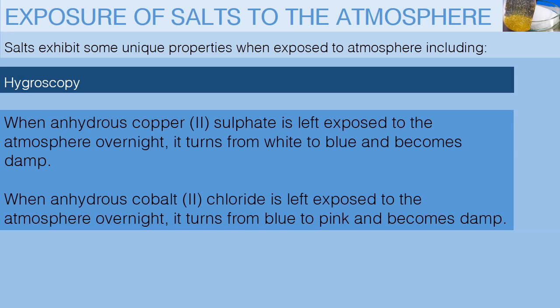Remember, these two salts do not dissolve in the moisture that has been absorbed, and therefore hygroscopy is the process where a substance absorbs moisture from the atmosphere but does not go into solution.